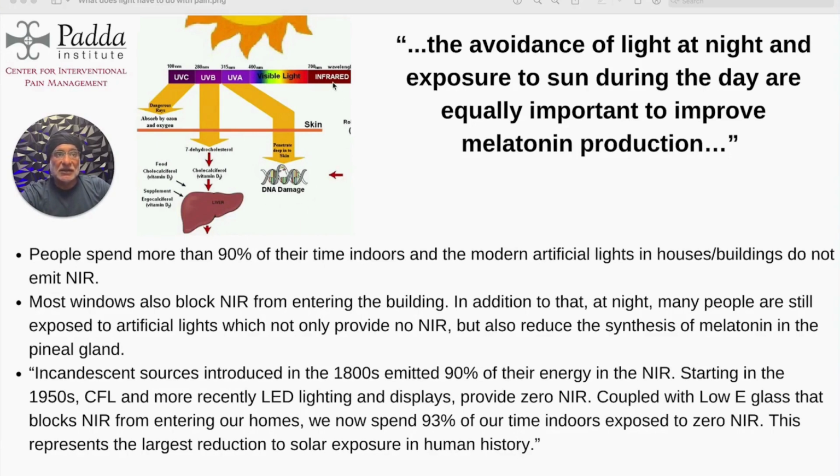If you can't recover your mitochondria and don't have adequate melatonin inside the mitochondria, that increases your risk of cancer independently, and probably to a greater extent than just the DNA damage. The worst possible situation is you're exposed to UVA and you're not exposed to infrared. And so keep this in mind.